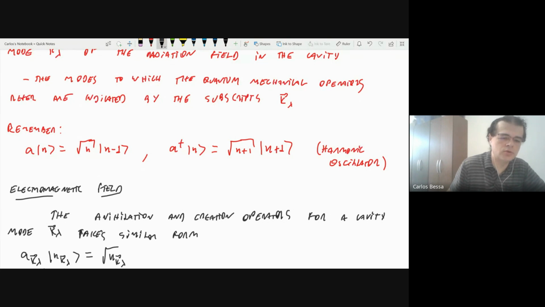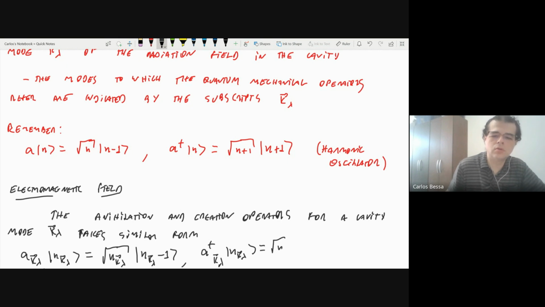For each mode you have this. The same holds for the creation operator.